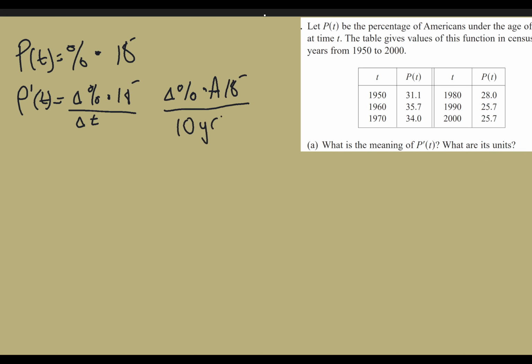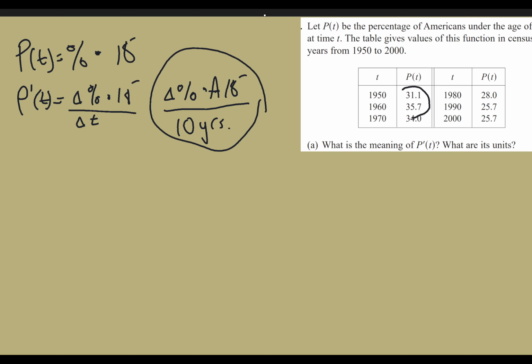So that would be the change in the percentage of Americans under 18 per 10 years. This is already full credit as far as I'm concerned. But when you're looking at this, it wants examples here. So what are its units? Okay, let's look at the units here. The percentage change of Americans under 18. So that's just a number like 5 or something like that. In fact, we can do an example part.